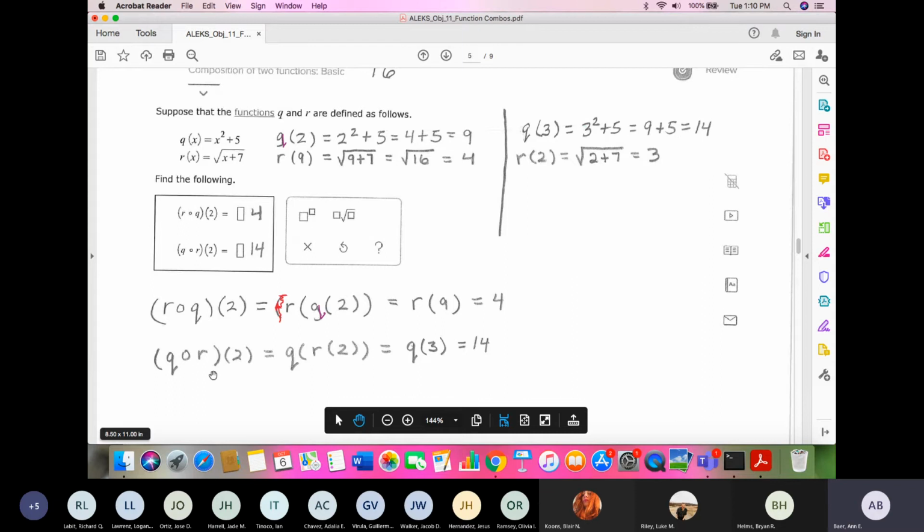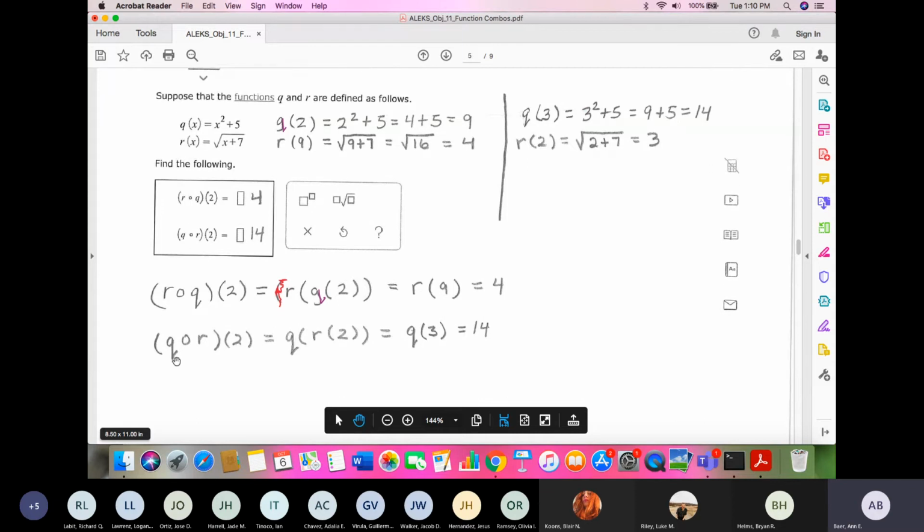How do we write it in workable form? Go from left to right, Q parenthesis. Whatever this first letter is, write it down, put a parenthesis. Whatever the next letter is, write it down, R parenthesis. Then 2, close off the parentheses.